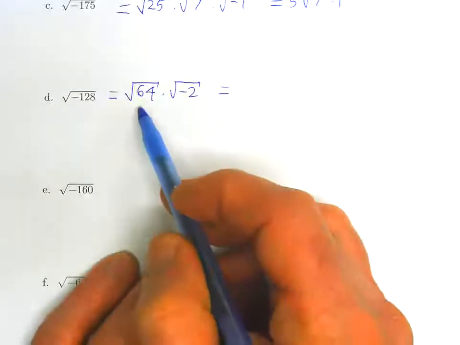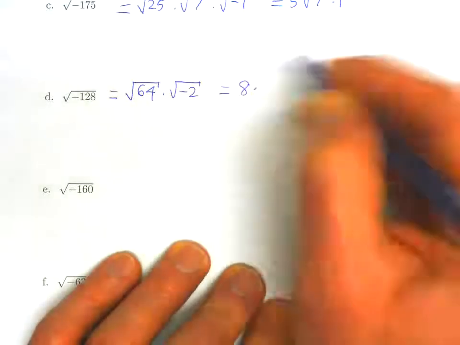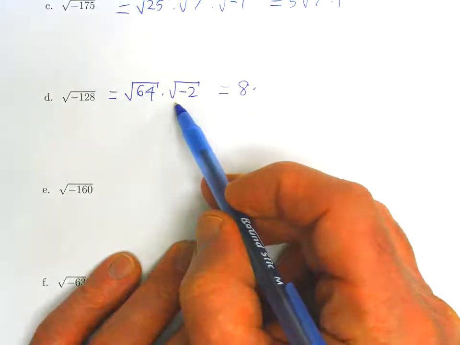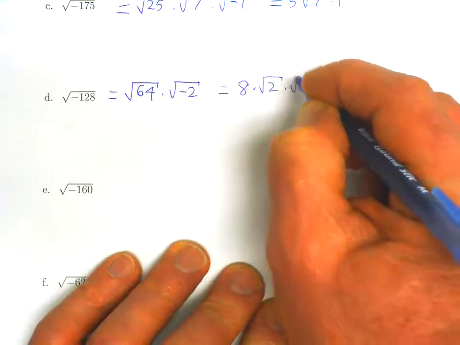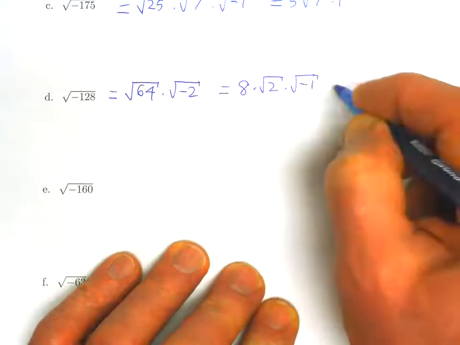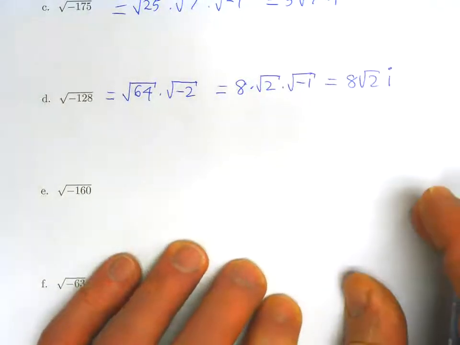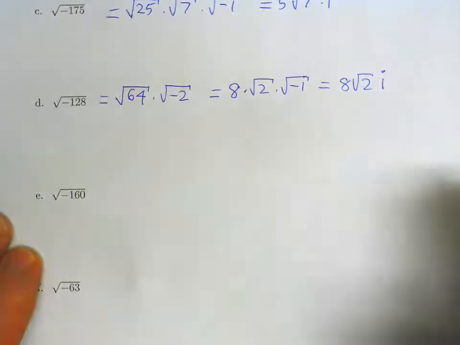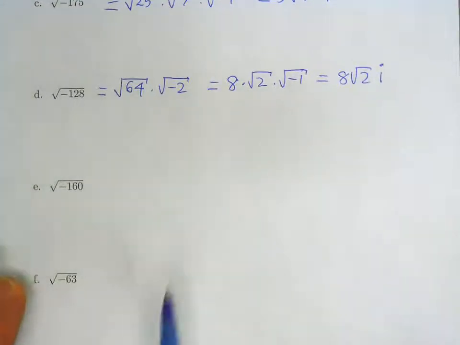We'll simplify the square root of 64 to 8, but then write the square root of negative 2 as the square root of 2 times the square root of negative 1. And then finally, 8 times the square root of 2 times i is our simplified answer. It's not necessary to go into all that detail, but you can if you have to.